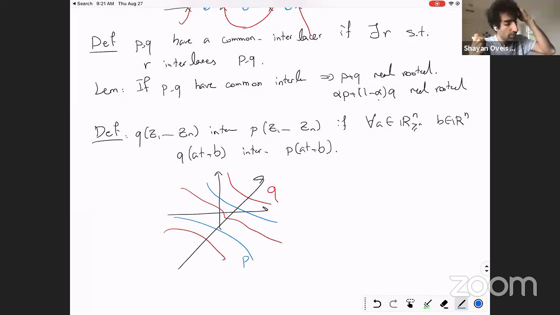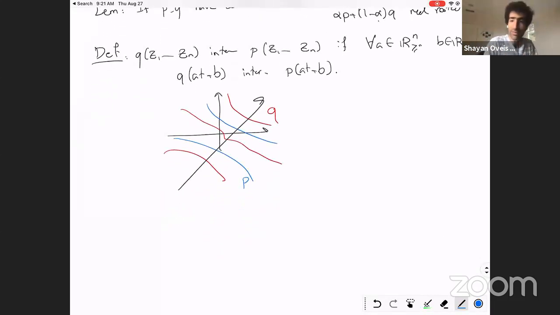Along any line pointing to the positive orthant, roots of P and Q alternate. And again, you have a similar fact: if you have a real stable polynomial and take a partial derivative, say with respect to Z_i, or even a directional derivative, similar fact.